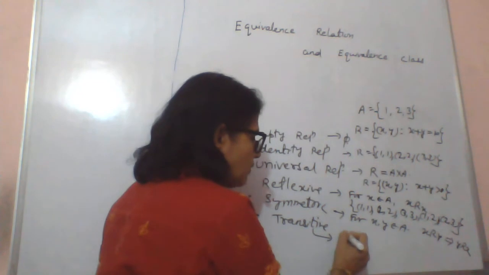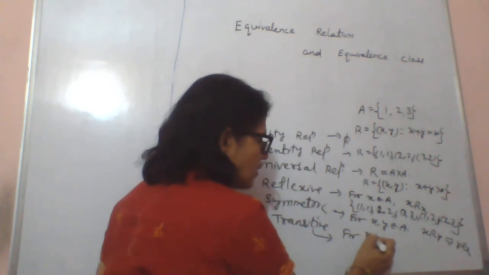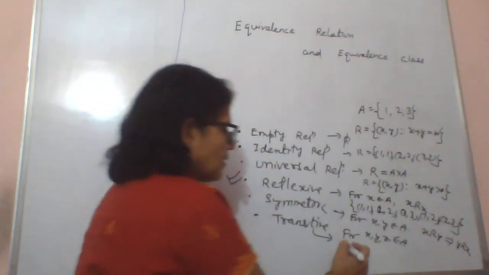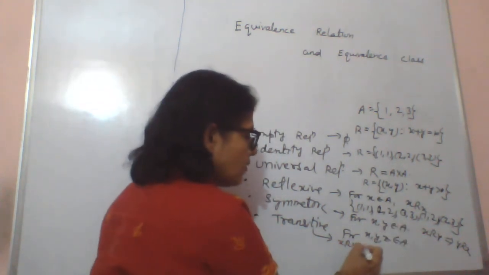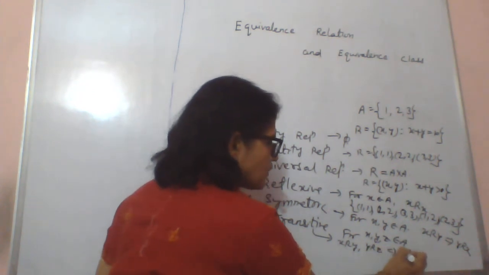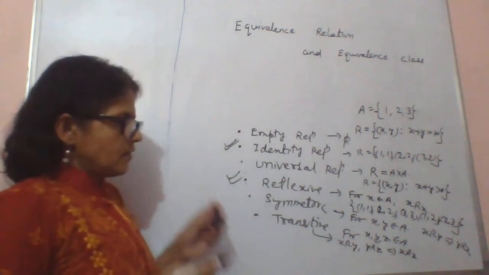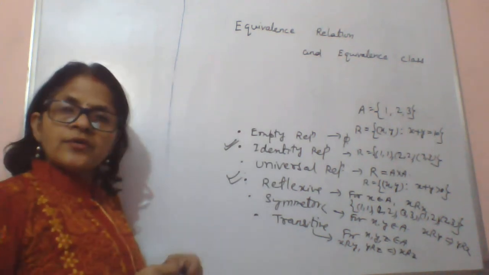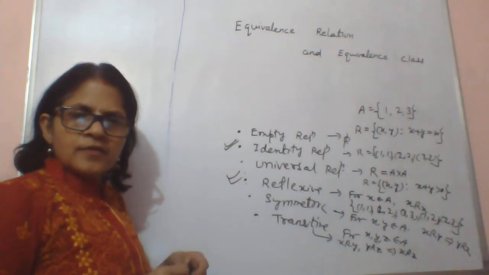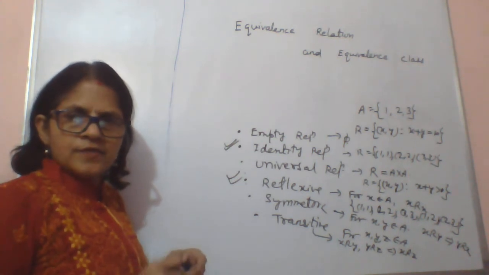Transitive: here for three elements x, y, z belonging to the given set A, x R y, y R z implies x R z.